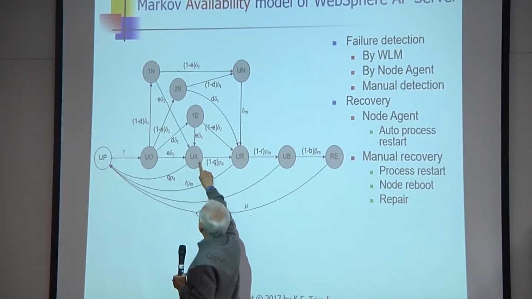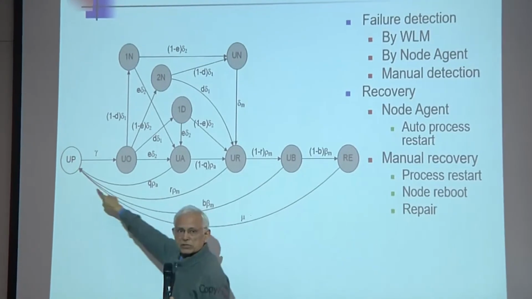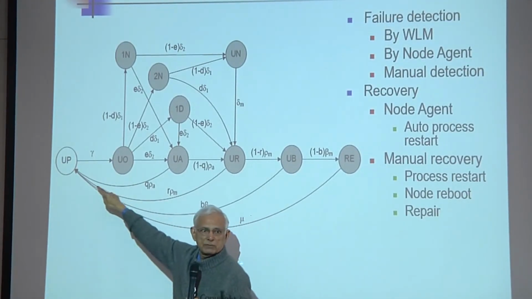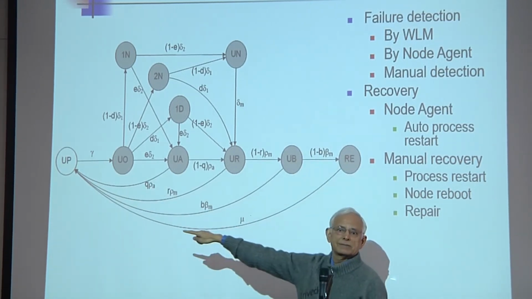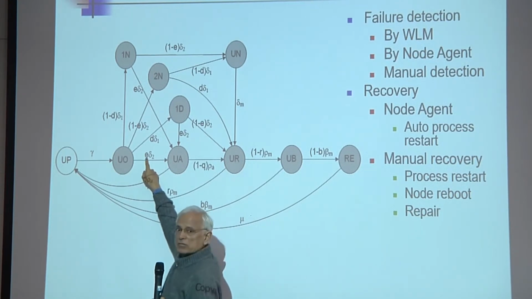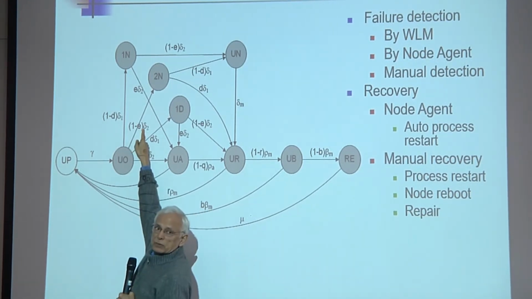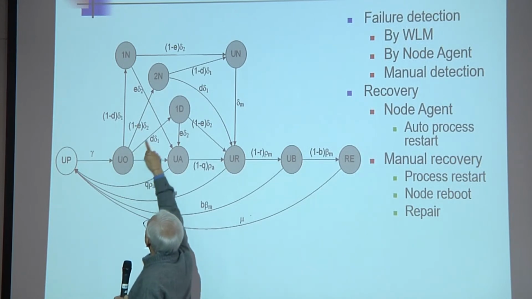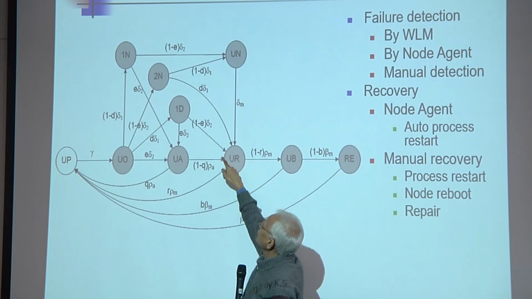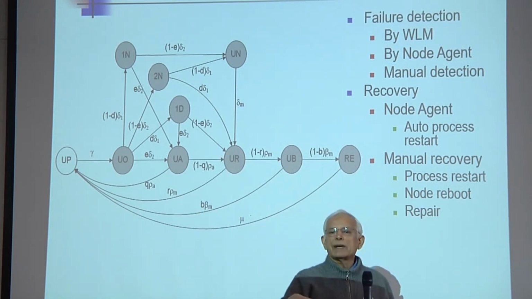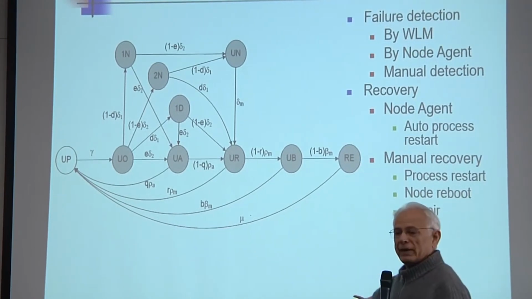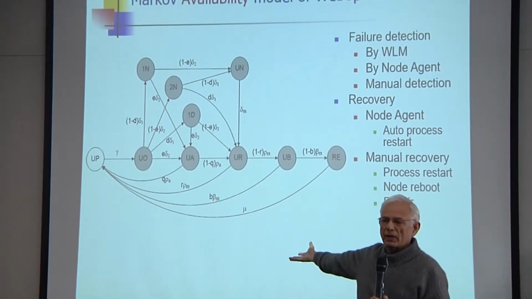If the automated restart is not successful, they will do a manual restart. If the manual restart is not successful, they will reboot the operating system. If that is not successful, they will patch, right? Detection by the node agent may or may not be successful. Detection by the workload manager may or may not be successful. If both of them don't detect, then you have a manual detection. The point I'm trying to make is that all this real-life behavior of the system can be incorporated in a state space model like a Markov chain.